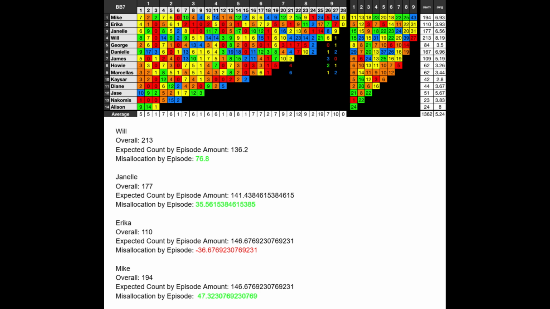Her expected count by episode amount is 146.67, causing for a negative 36.67 misallocation. Mike has an overall diary room count of 194, with an expected count by episode amount being 146.67, and his misallocation by episode being 47.32, which is a decent amount, I guess.